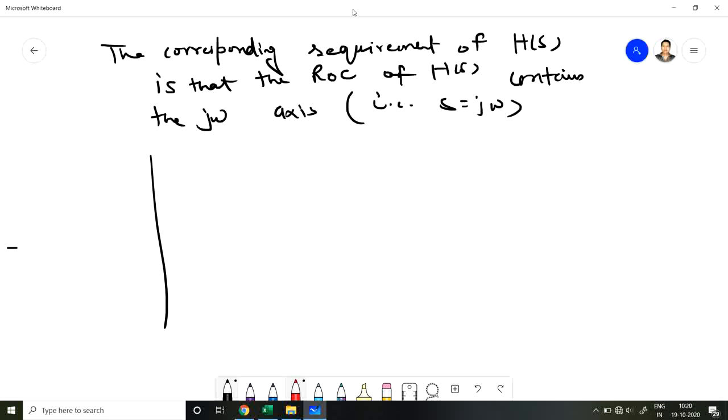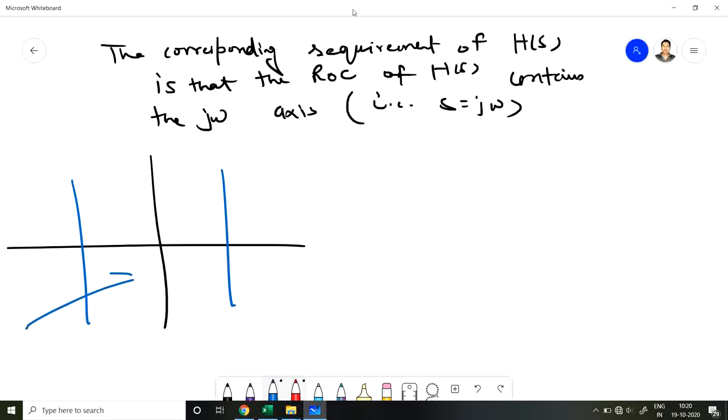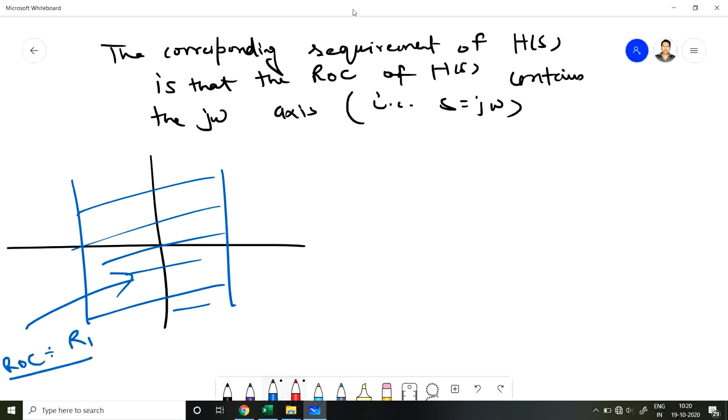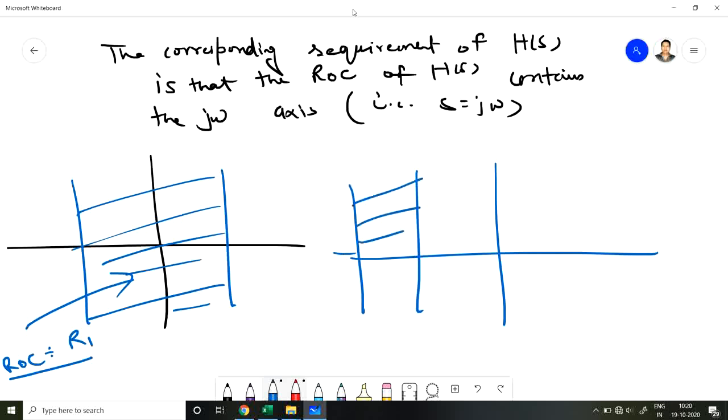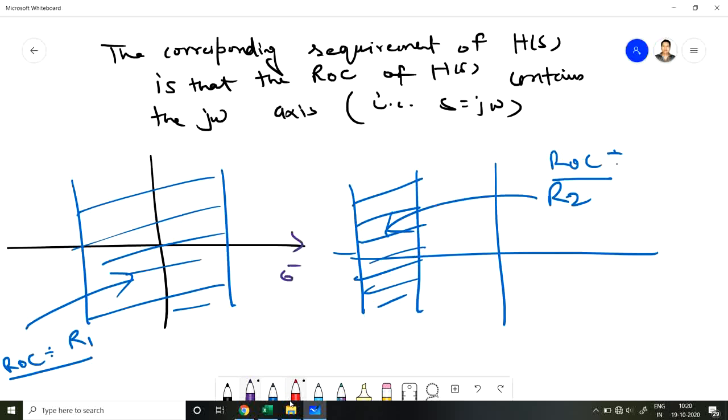So let us discuss this characteristic. Let this be R1, the region of convergence 1, and there is another ROC, R2. Now this ROC R1, this is sigma, this is j omega.